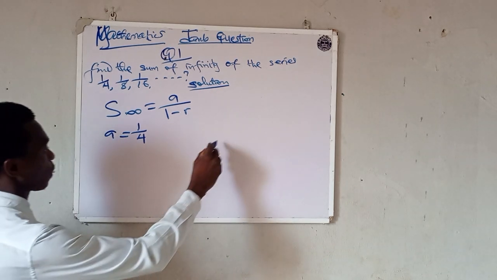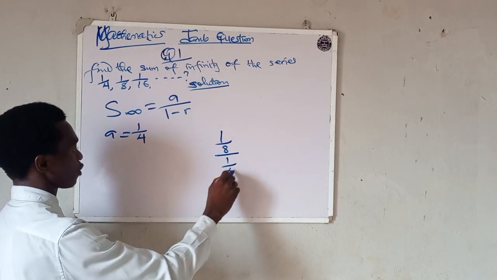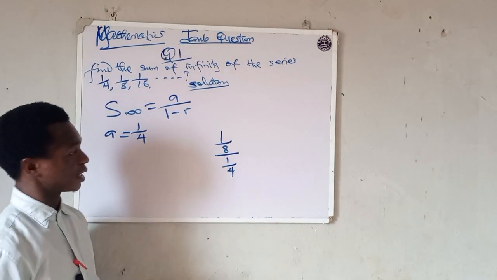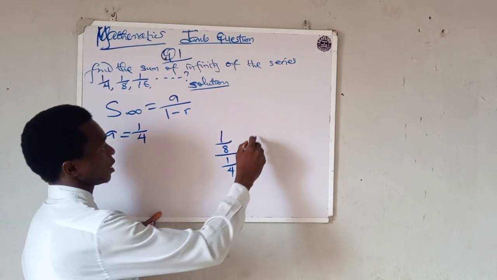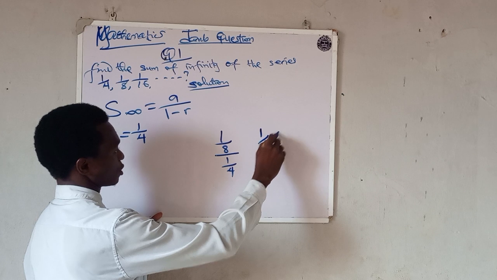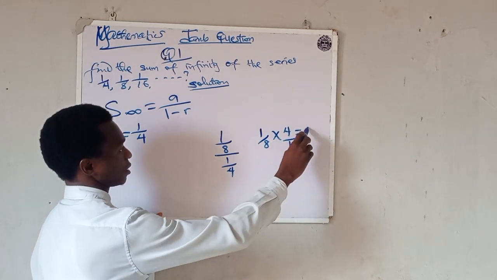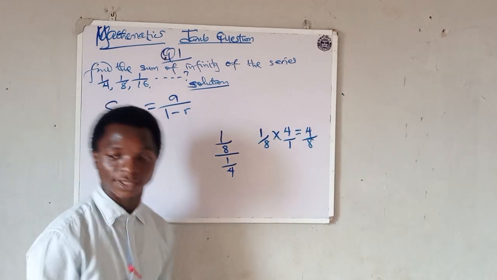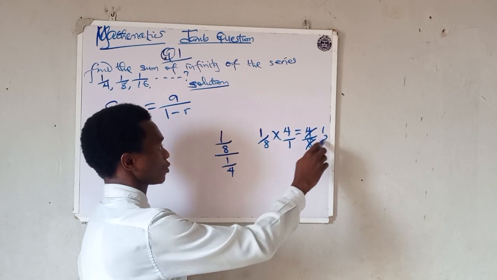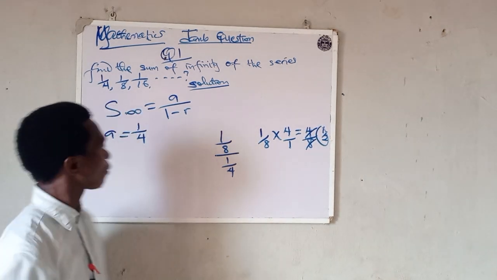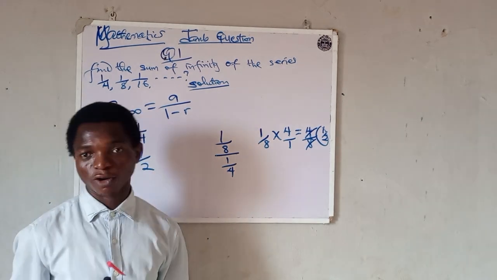So when you have 1/8, divide it by 1/4. In a case like this, we inverse or reciprocate the division such that 1/8 becomes times 4/1. And this is the same thing as 4/8. To reduce our fraction, 4 cancels itself to 1, and 8 to 2. Therefore, our R is 1/2. That is your common ratio.